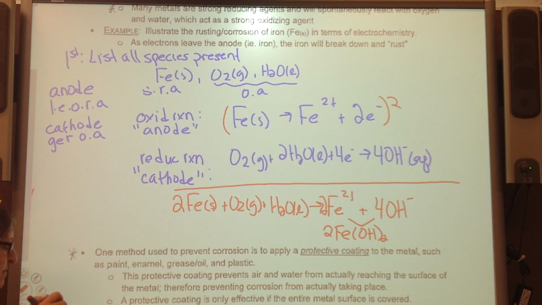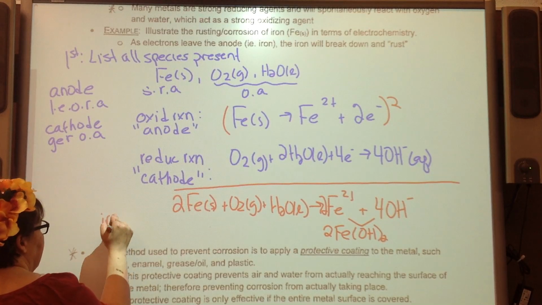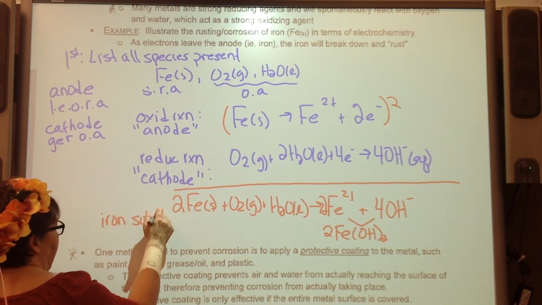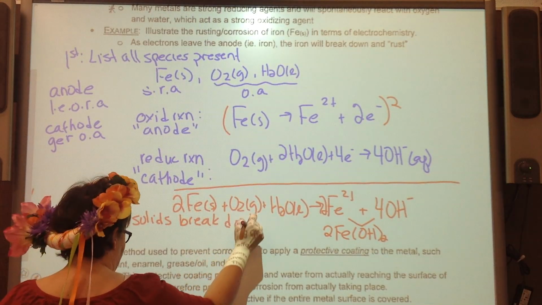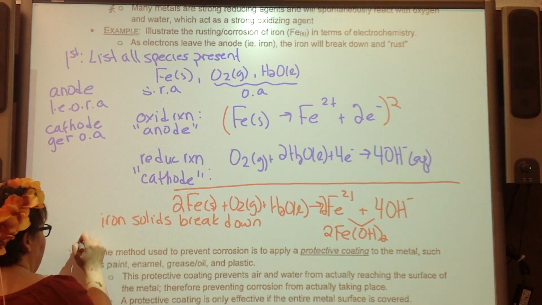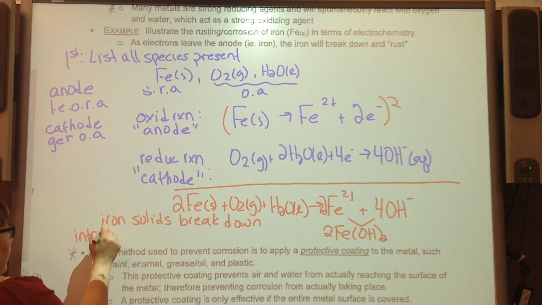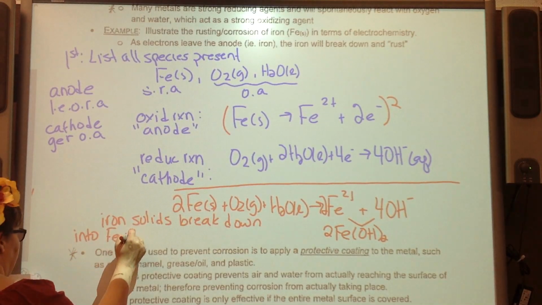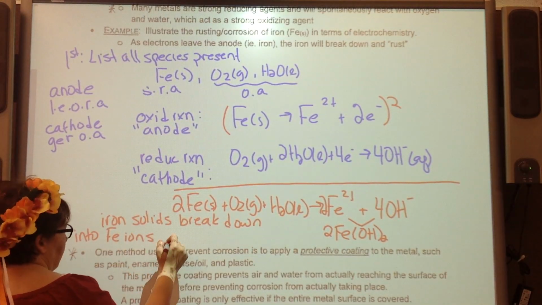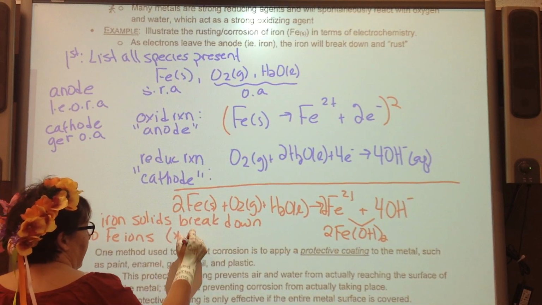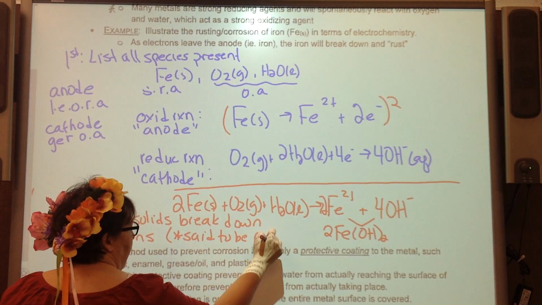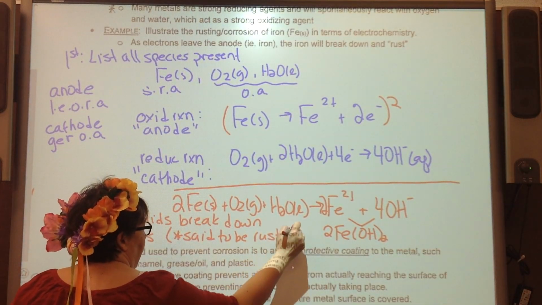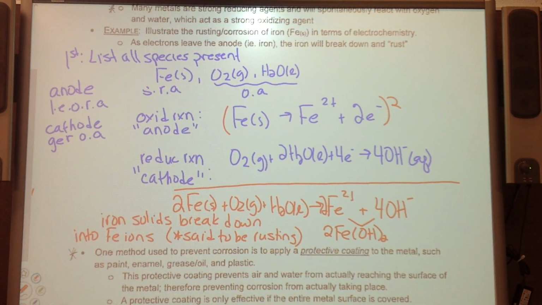So your iron solids break down into iron ions. It's said to be rusting.